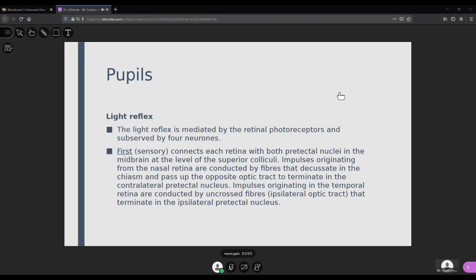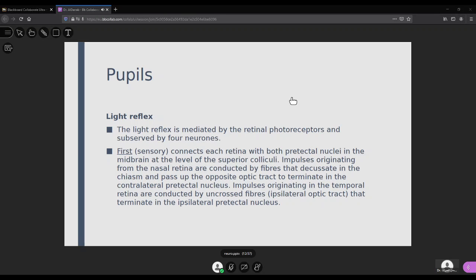Impulses originating from the nasal retina are conducted by fibers that decussate, as we mentioned. The nasal retina will decussate in the chiasm and pass up to the opposite optic tract to terminate in the contralateral pretectal nucleus.